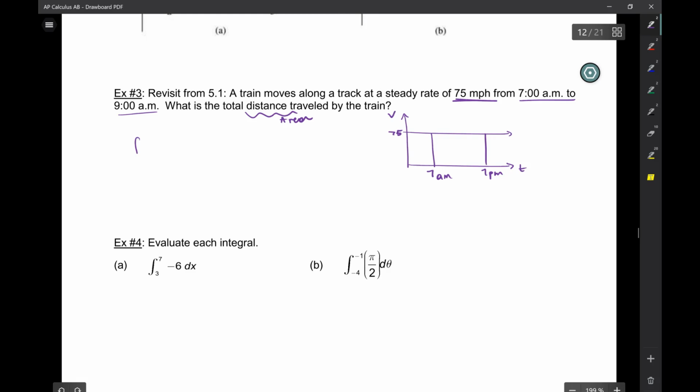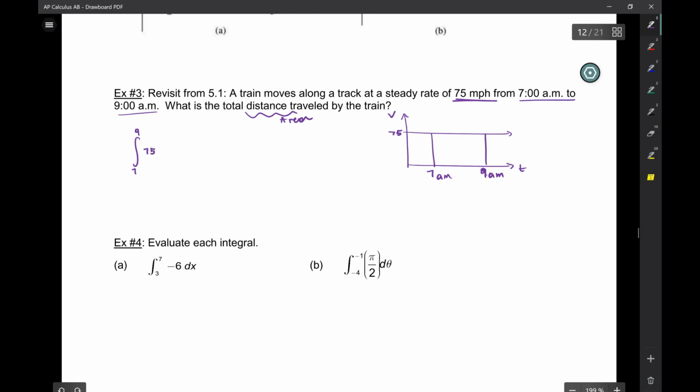Now it's 7 a.m. Oh, it was 7. Was it always 7 a.m. to 9 a.m.? All right, we'll do that. 7 a.m. to 9 a.m. We did a different one that was 12 hours, right? Yeah. Okay. So the calculus way of writing this is, okay, 7 to 9, all right, of 75.